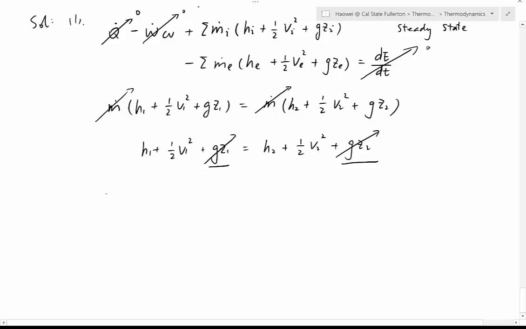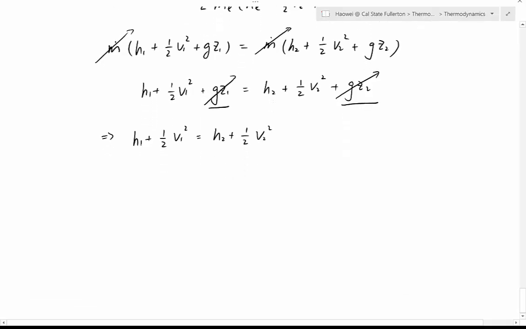And then the only thing we have left is h1 plus 1/2 V1 squared is equal to h2 plus 1/2 V2 squared. Because we're looking for h2, we move h2 alone to the left-hand side. And h2 is equal to h1 plus 1/2 V1 squared minus 1/2 V2 squared.